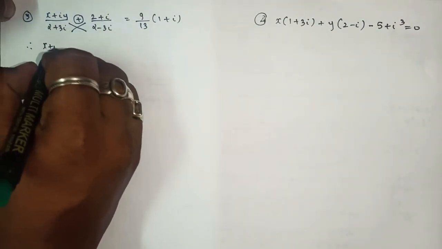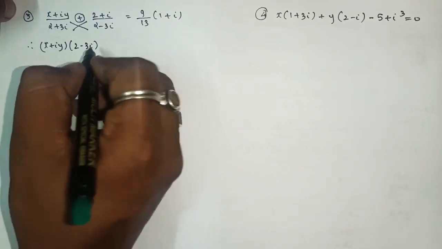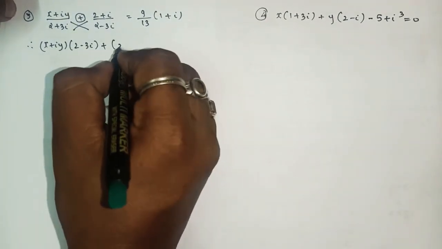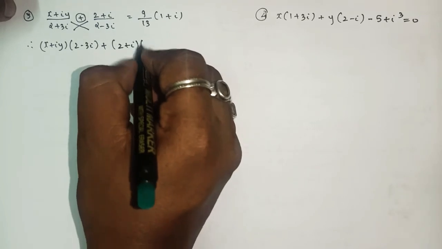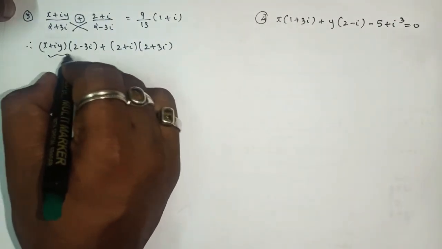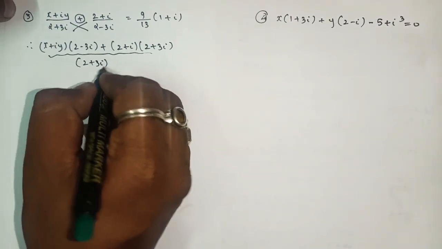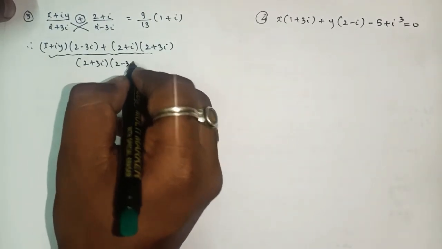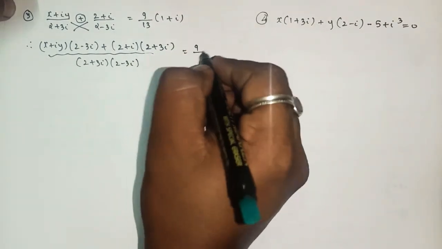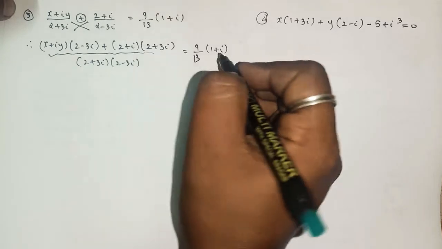So x plus yi, 2 minus 3i, plus 2 plus i, upon 2 plus 3i, 2 minus 3i, equals to... we'll keep this right hand side part as it is. Yes or no?